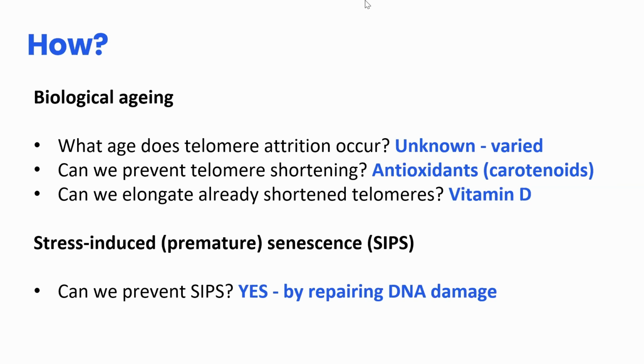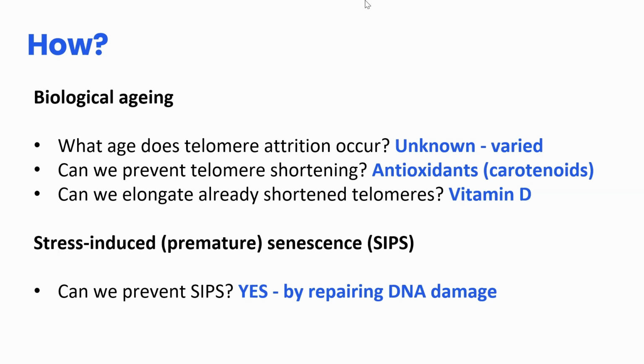There is a lot of good evidence that individuals who take vitamin D supplements can actually elongate those telomeres and offset senescence, and those who have diets rich in certain antioxidants. This particular antioxidant called carotenoids are found in red or more colored vegetables like carrots in particular, red capsicums, and the sorts.